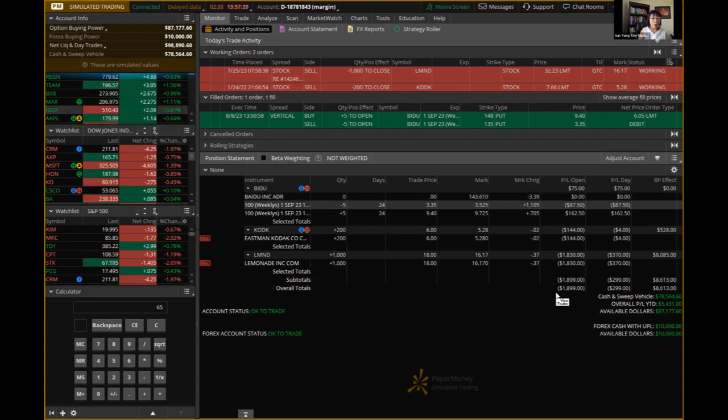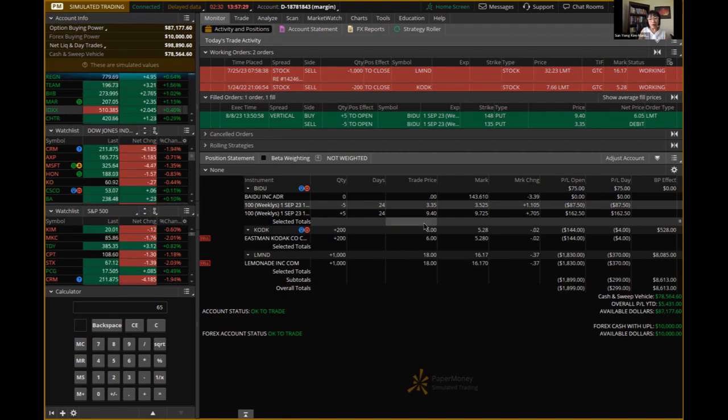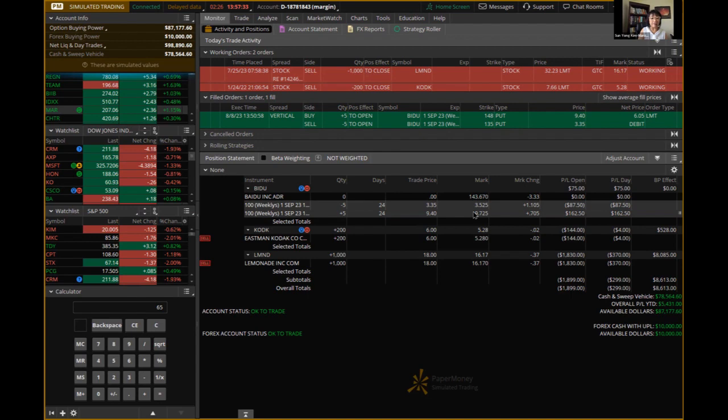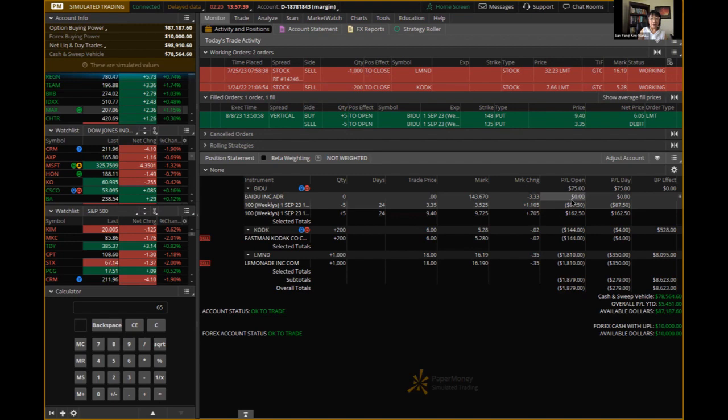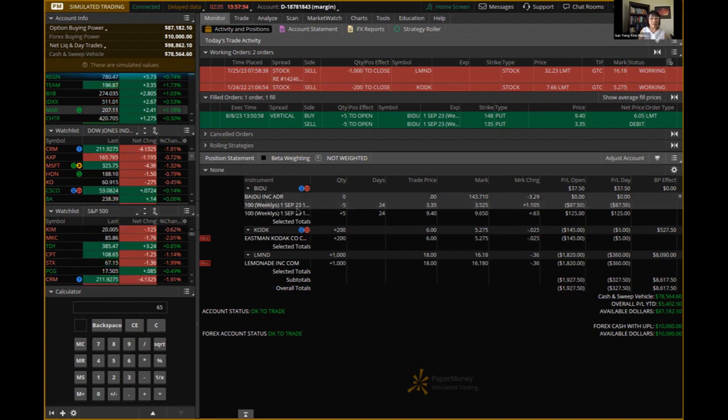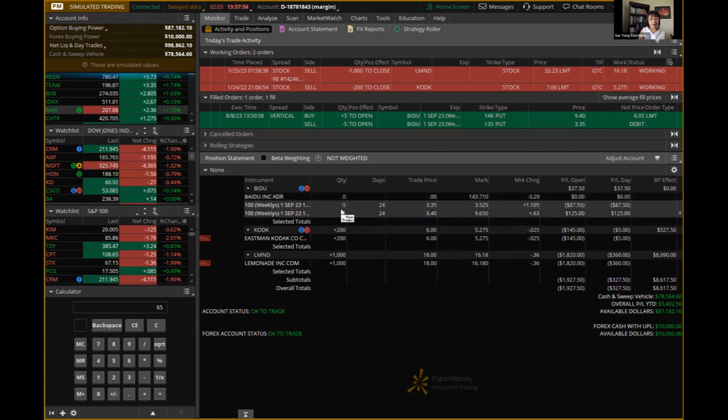So that's the whole process of setting up an option trade. This is a vertical. Now after the market closes, I strongly recommend that you write the numbers down. At the end of the day, or even 15 minutes early the next day before the market opens, you want to write down the day.